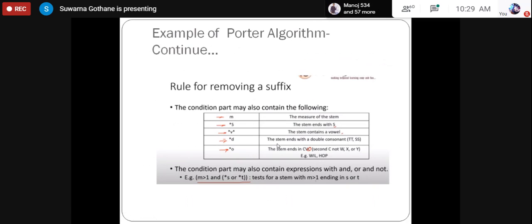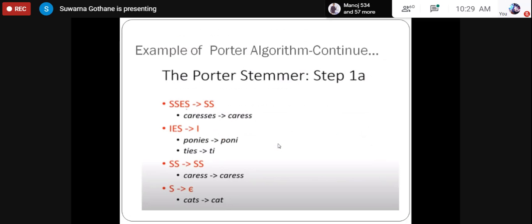The conditions are like that, and we have seen this also. Now the Porter stemmer algorithm, step 1A. If a word ends with SSES, it is considered as SS, so the ES is removed. If the word ends with IES, we keep only I. If the word ends with SS, it stays as it is.